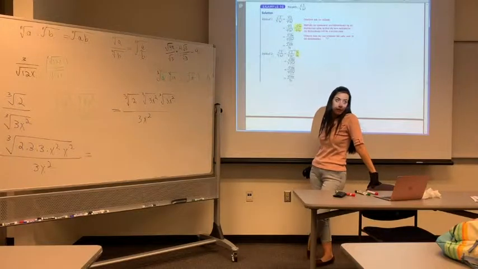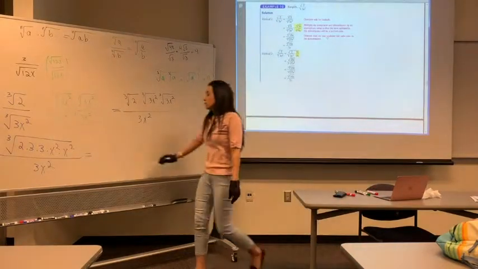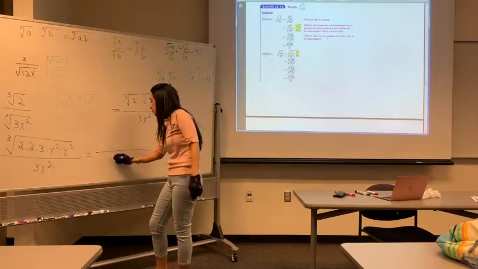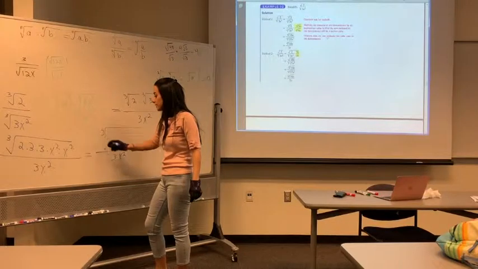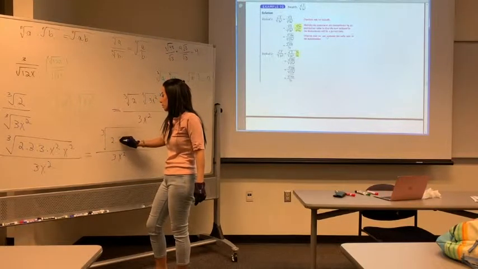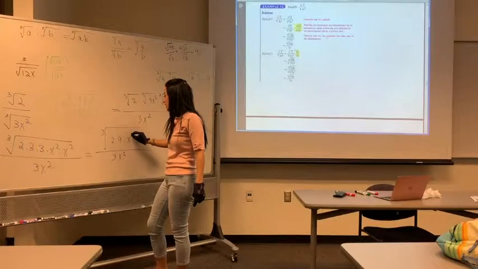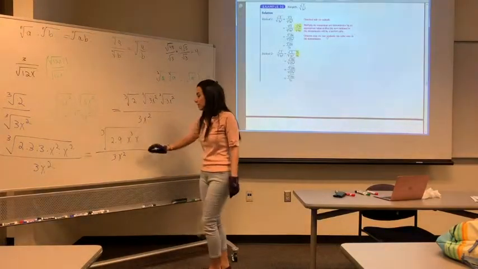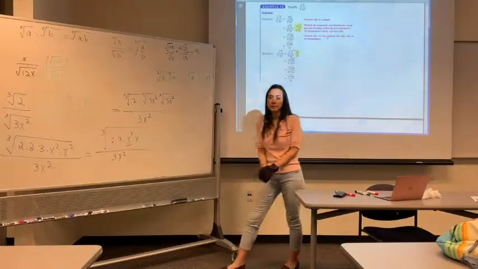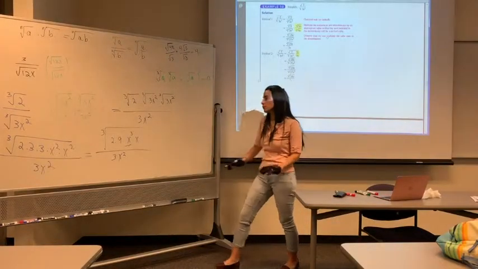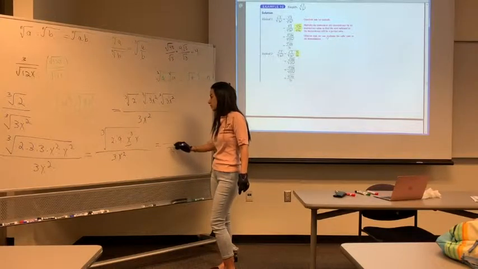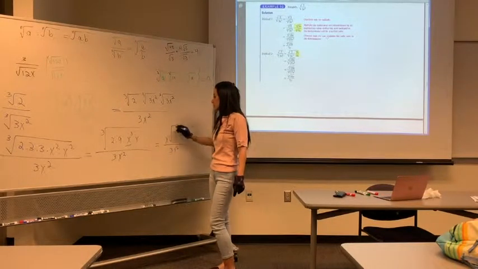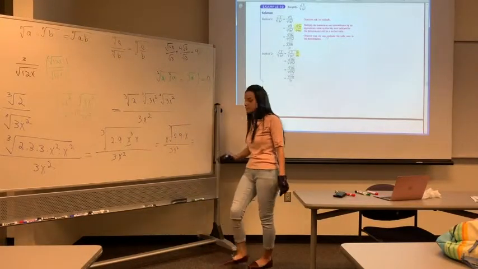We want to simplify now, correct? So on the radical with index 3, if I have x to the power 3 multiplied by x, I can bring this out, correct? The rest stays inside the radical. So x comes out, and 2 multiplied by 9 multiplied by x stays inside the radical.